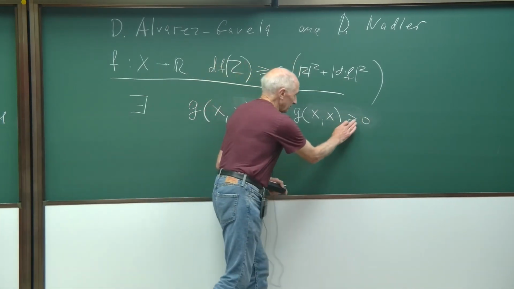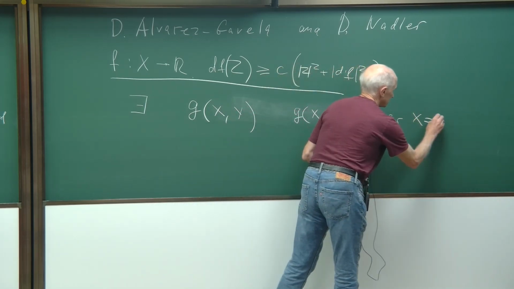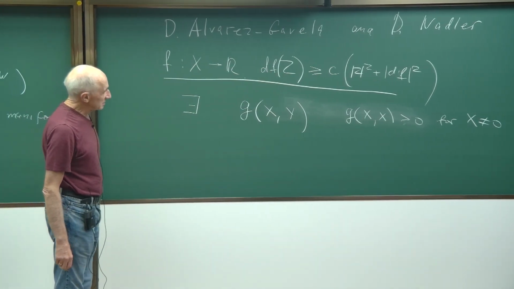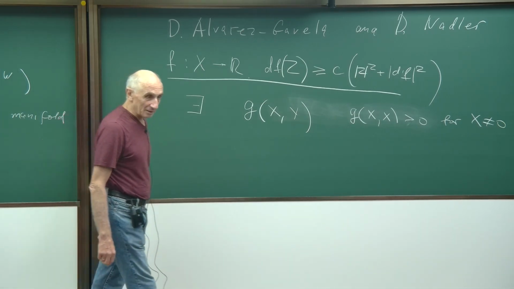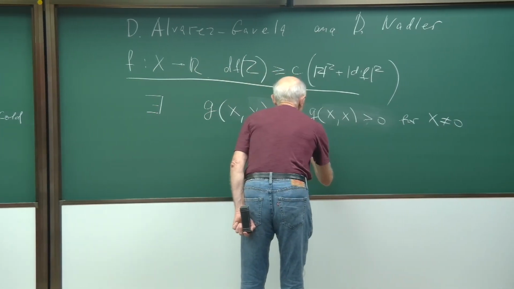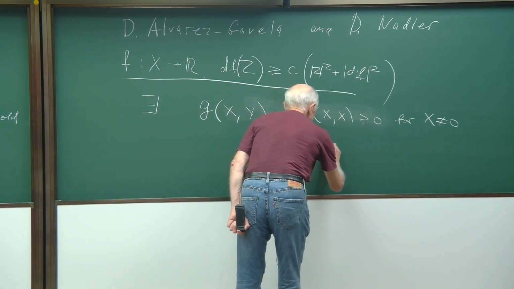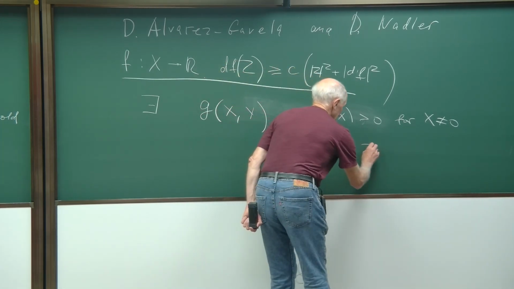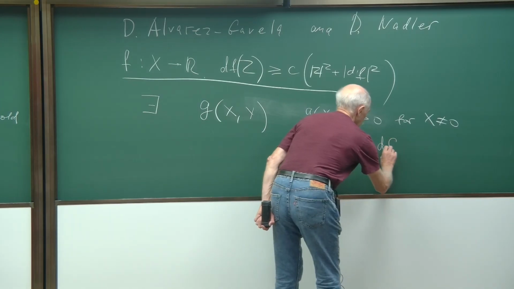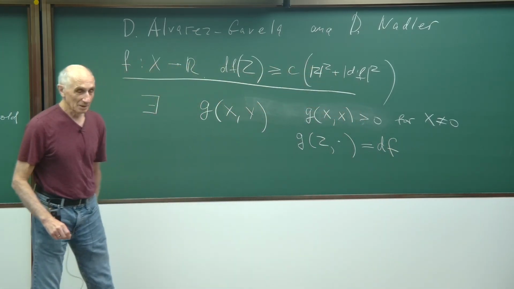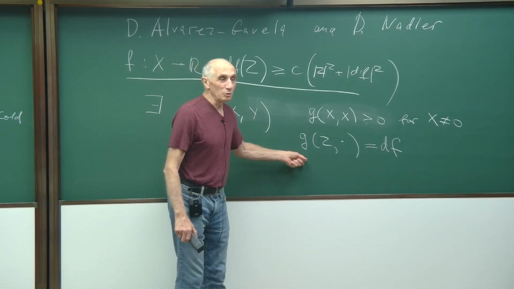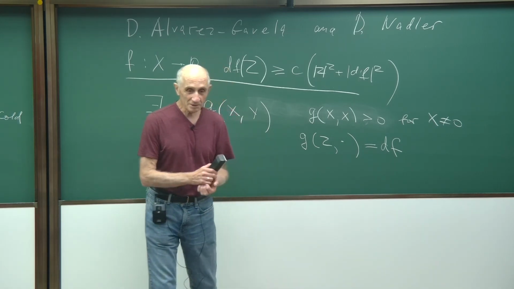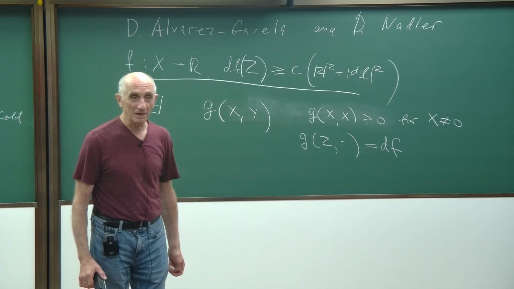So it's greater than 0, it's positive definite, and such that if I contract G with this, then this is equal to df. Notice, if this is a usual metric, this is the definition of gradient. The only thing is that you don't require it to be symmetric.